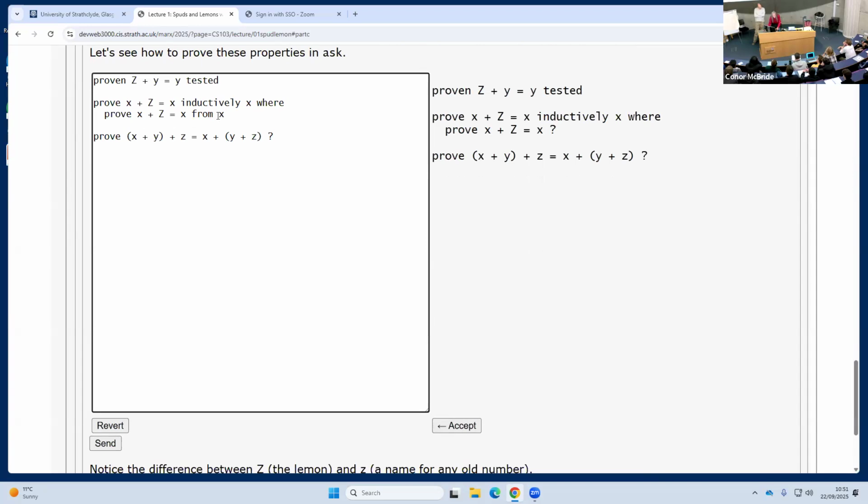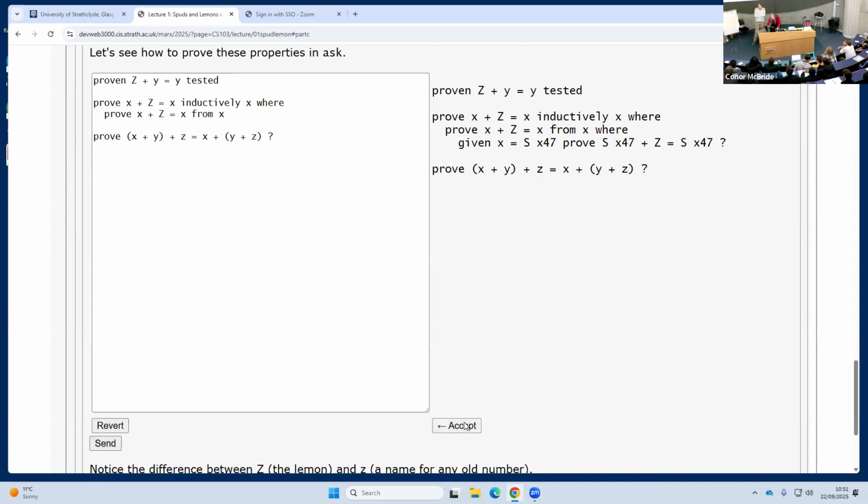Was it 0 or a successor? And if I say send, I get two cases back, except I only get the one, right? So if x is 0, then the equation is dead simple. And computation is enough to prove that 0 plus 0 is 0. So Ask doesn't even ask me what happens in that situation.